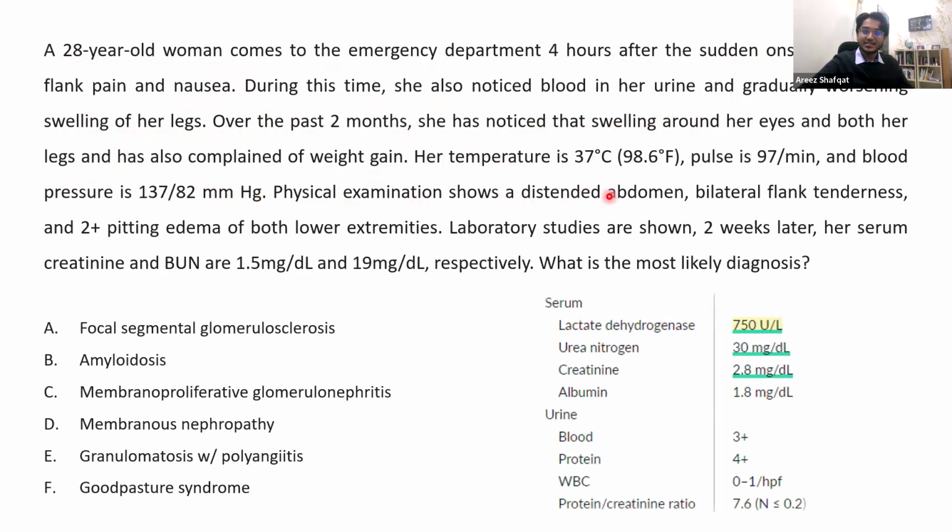Physical examination shows a distended abdomen, bilateral flank tenderness, and 2+ pitting edema of the lower extremities. Laboratory studies are shown. So she has an elevated lactate, an elevated BUN and creatinine, which shows basically acute kidney injury. All right. 2 weeks later, her creatinine and BUN are back to normal. Which of the following is the most likely diagnosis?